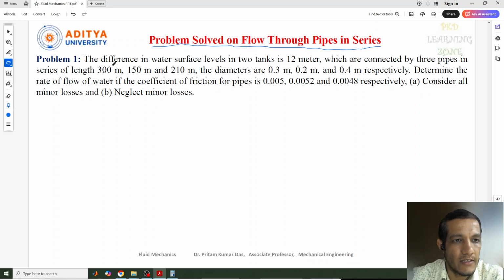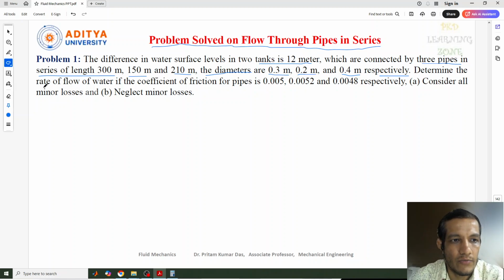So let's solve this. The difference in water surface level in two tanks is 12 meter, and they are connected by three pipes in series of lengths 300 meter, 150 meter and 200 meter, and the diameters are 0.3 meter, 0.2 meter and 0.4 meter respectively.